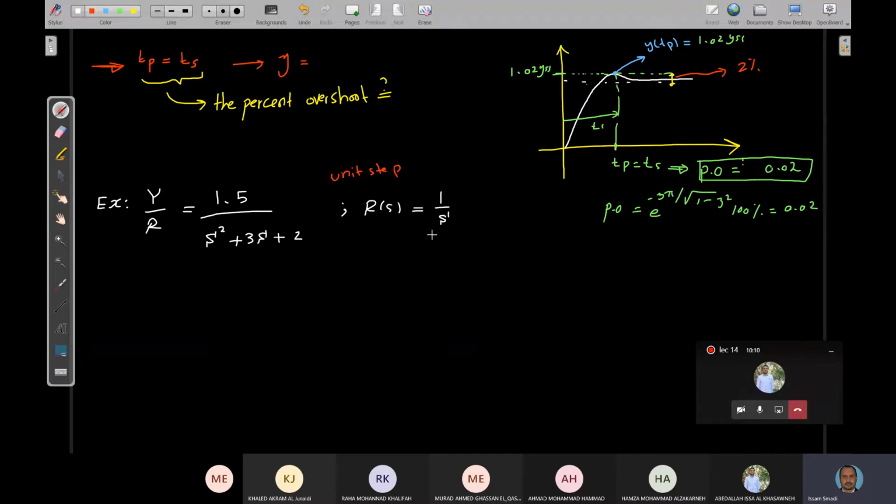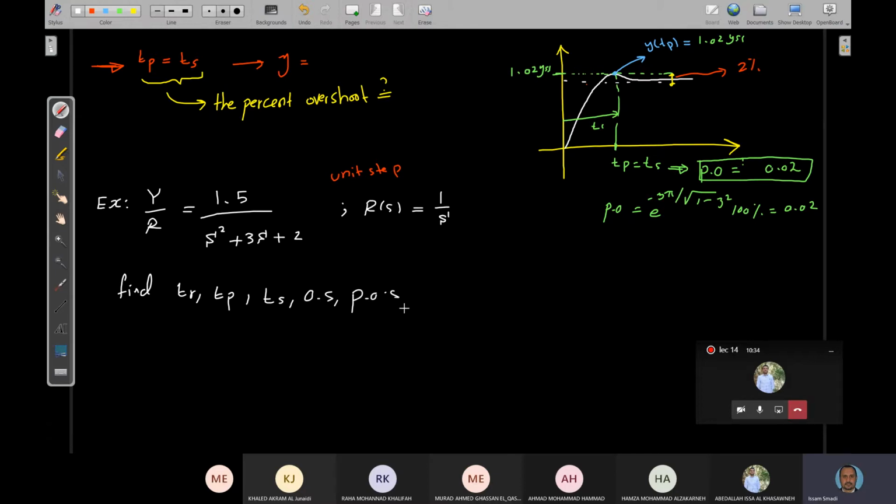Okay, so now before calculating, let's say, find TR, which is the rise time, TP, which is the peak time, TS, which is the settling time. Also, I need to find the overshoot, and the percent overshoot.